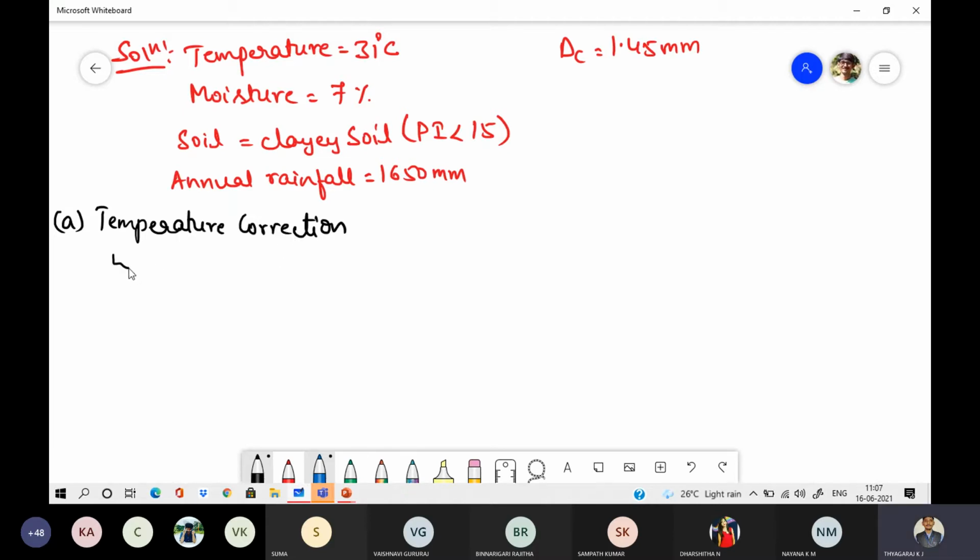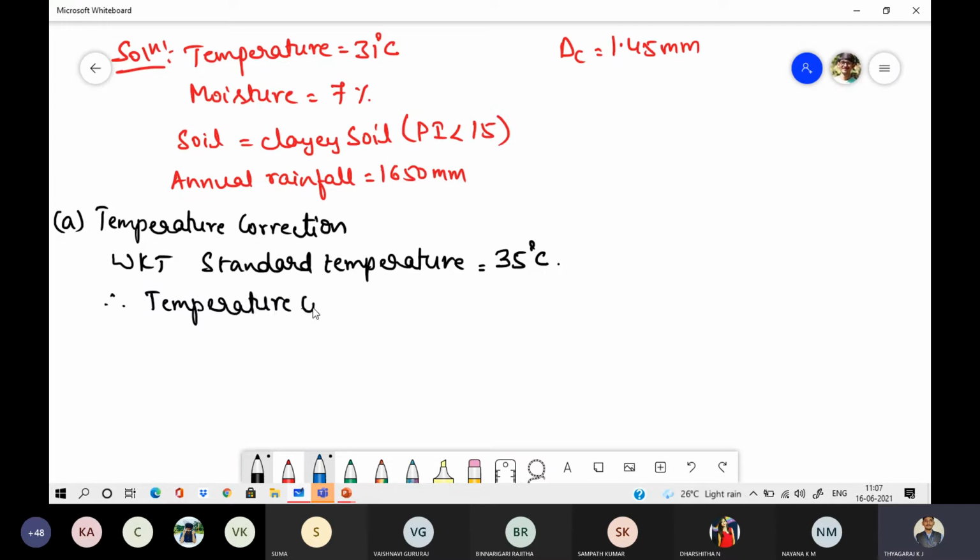So we know the standard temperature. What is the standard temperature we are going to test? 35 degree Celsius. So therefore, temperature correction factor is equal to, now we have to deduct 35 minus 31.